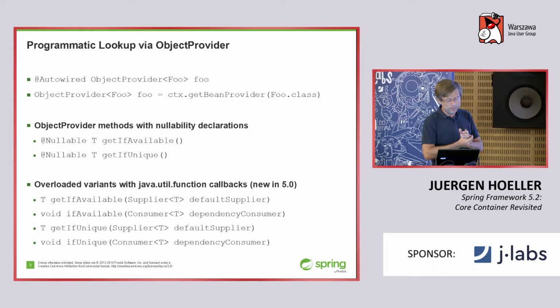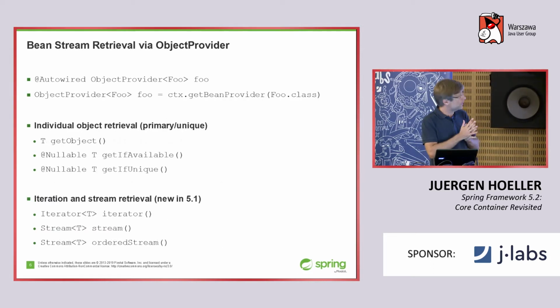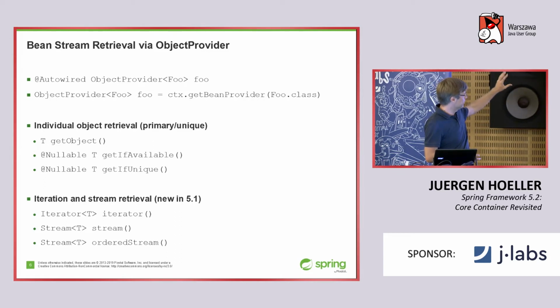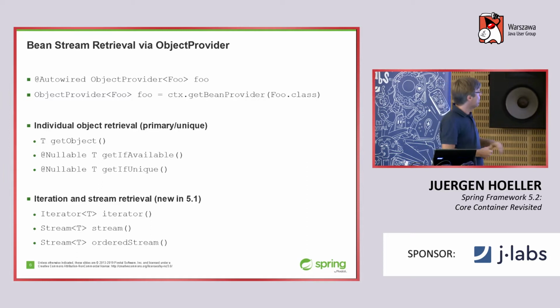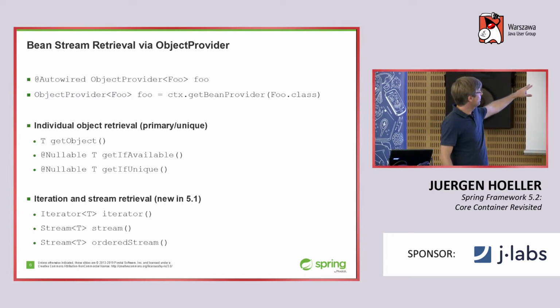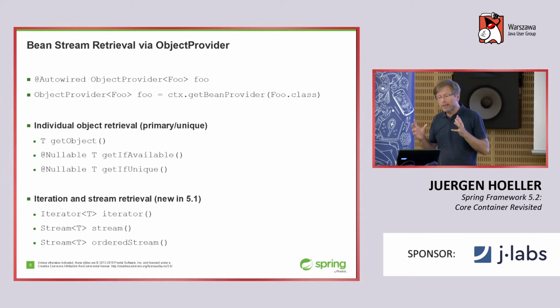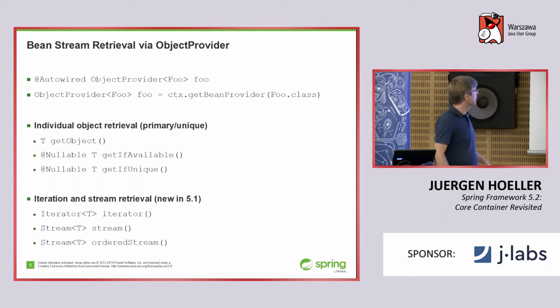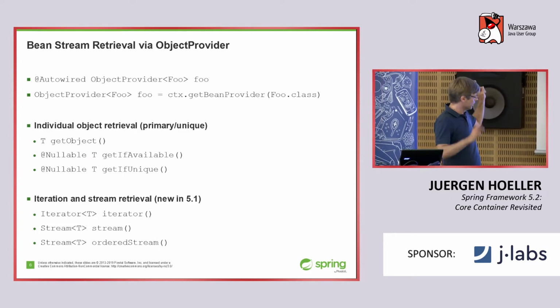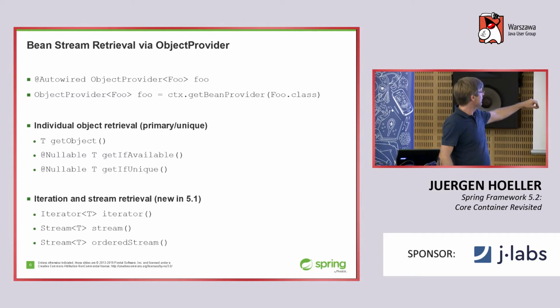We're taking this a little bit further even in Spring Framework 5.1 already. So the same facility, as we just elaborated on, also has methods for retrieving several matching instances. So those are actually kind of brand new in 5.1 at least.